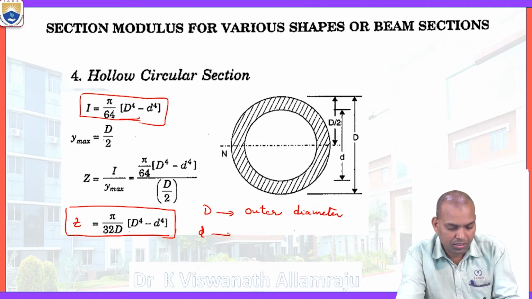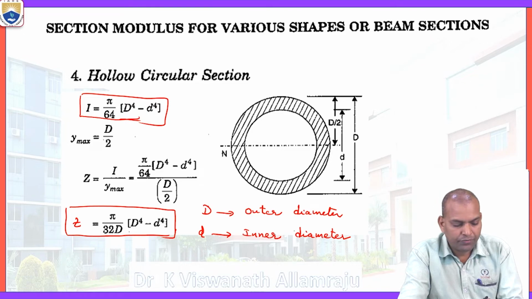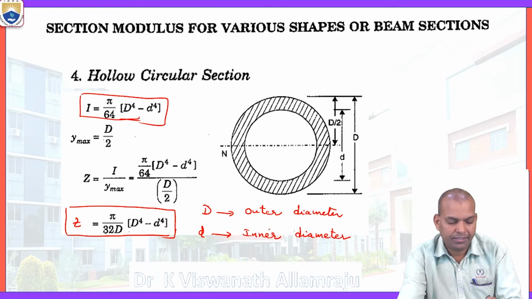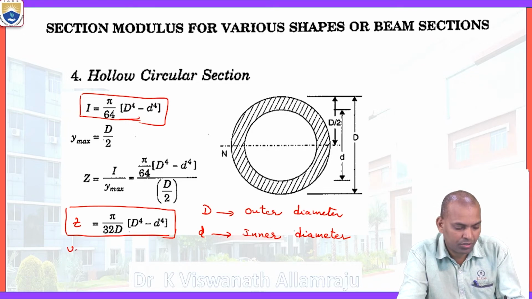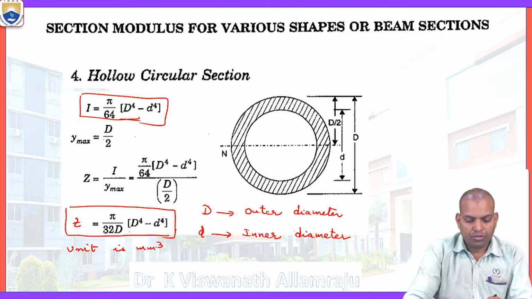Small d is the inner diameter. And the unit for the section modulus, again, is millimeter cube.